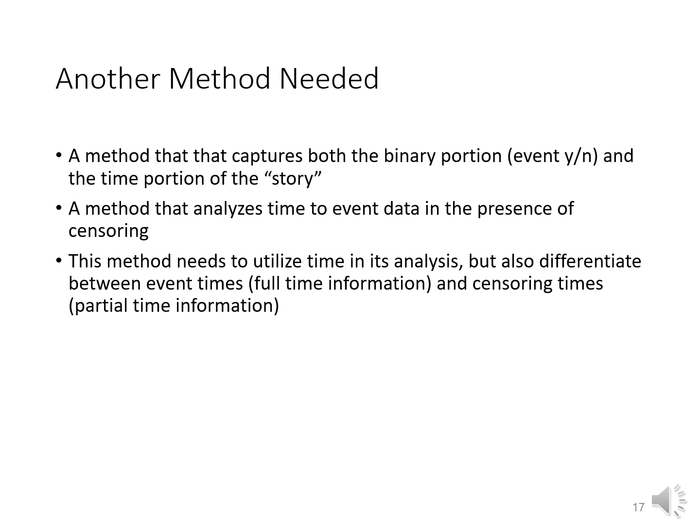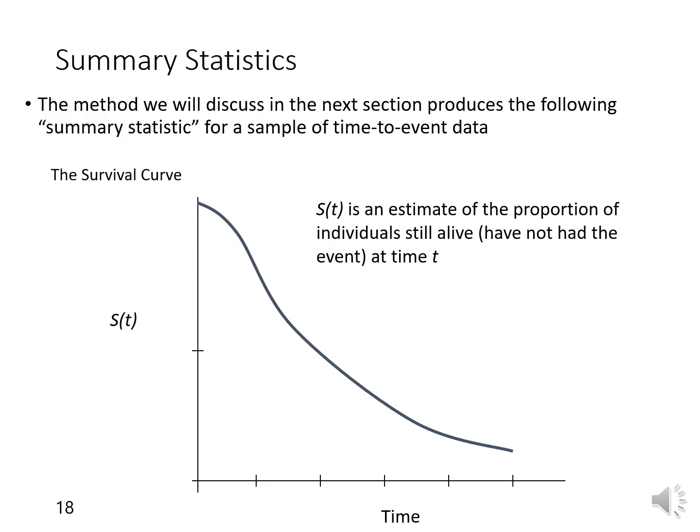And one of the key outputs is the survival curve. The survival curve is a central concept in survival analysis. It represents the probability of surviving or remaining event-free up to a given time.